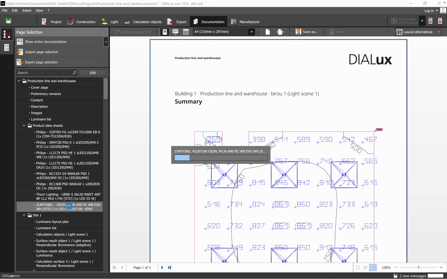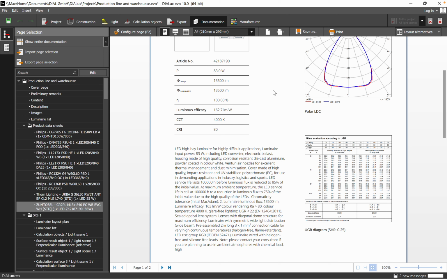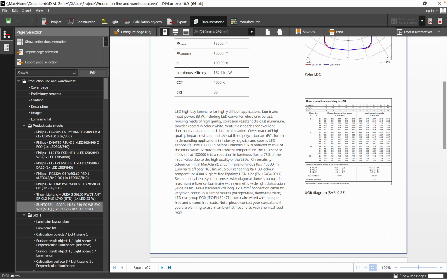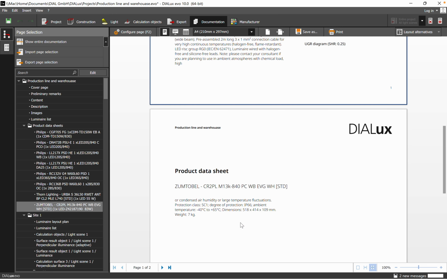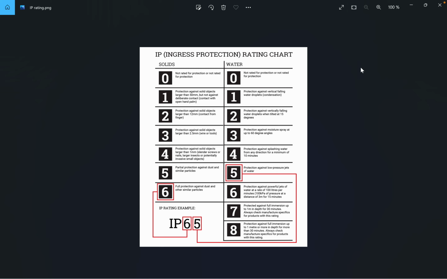So the product which I chose to use in that warehouse was the following one, which I just selected in this view. And you have the product data sheet, like the power consumption, efficiency, CCT, and CRI. And here on the bottom, you'll see as well the IP. So you will see a degree of protection of IP66.